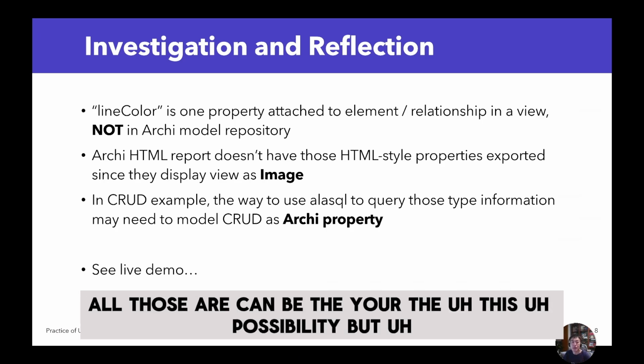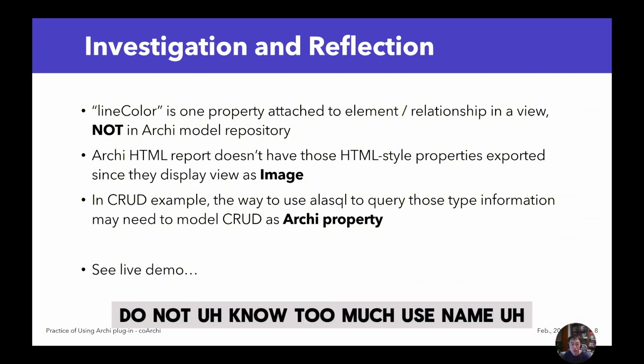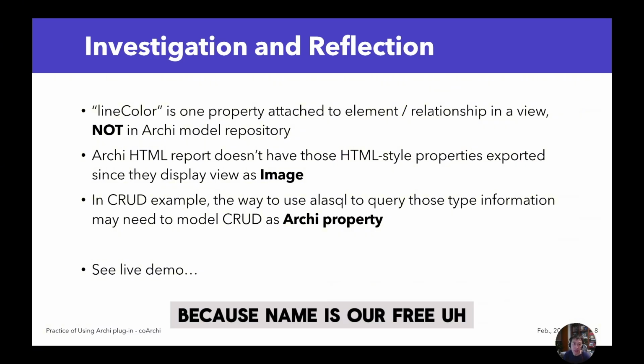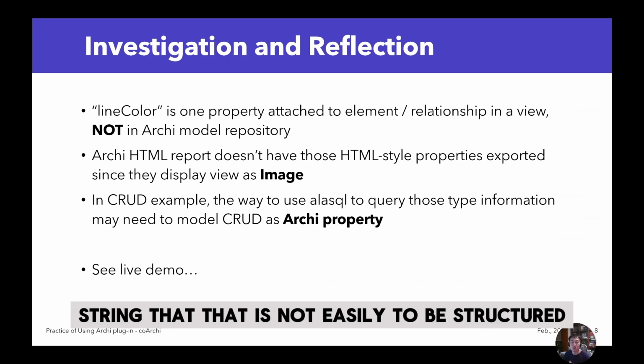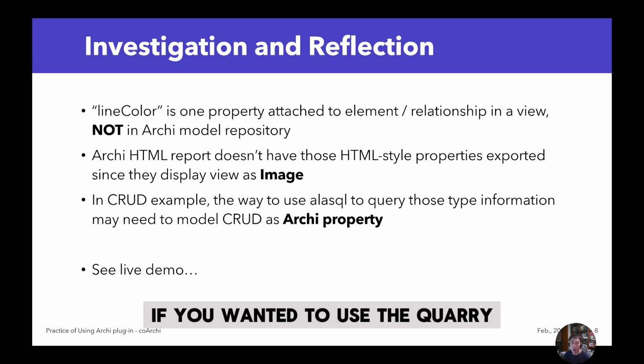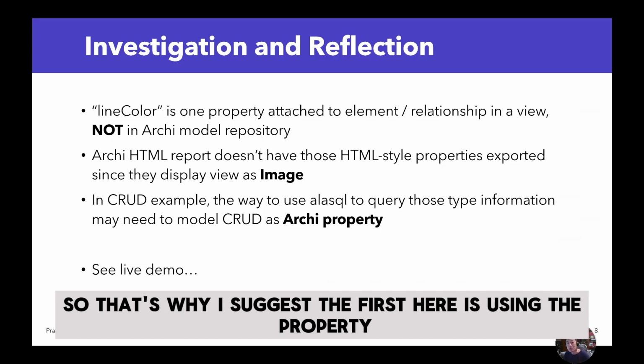All those can be possibilities, but do not use name too much, because name is a free string. That is not easily structured if you want to use a query. That's why I suggest using the property.